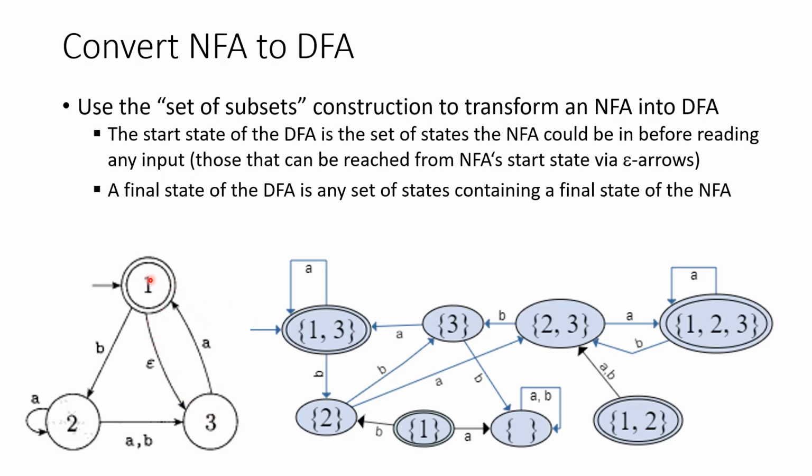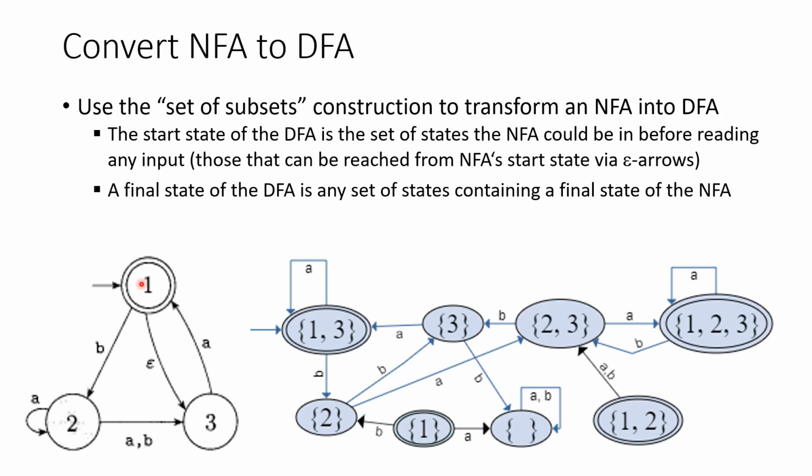So of course it needs to include the start state of the NFA. So in this case, the start state of the DFA will include the start state of the NFA, which is 1, and also other states that the NFA can be in before reading any input.